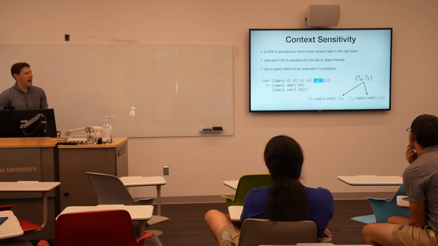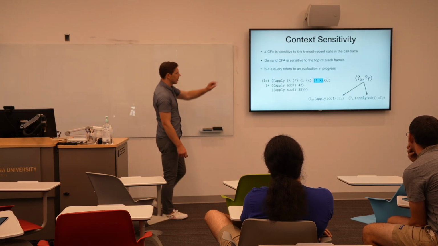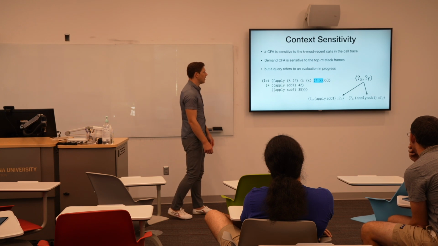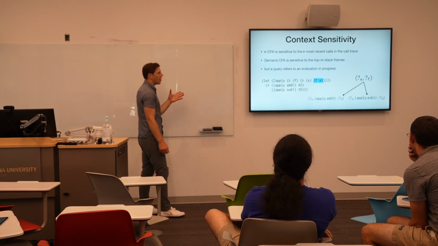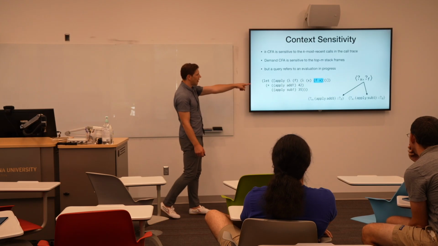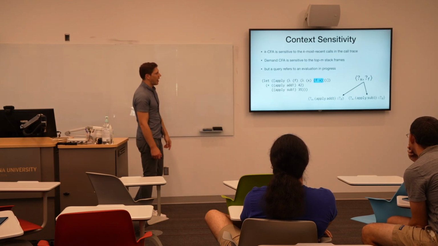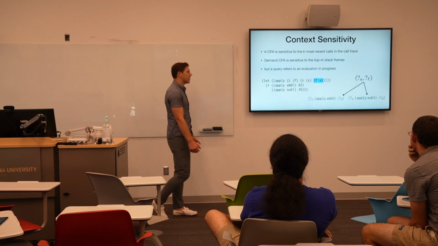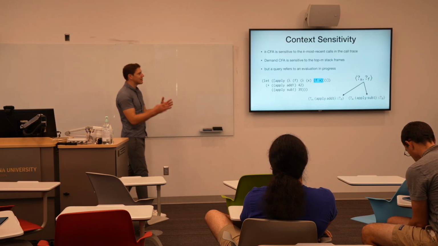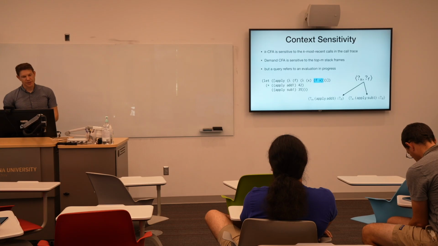If you look at this program where we've got a curried version of apply, we would hope that context sensitivity would allow us to correlate the arguments add 1 and 42 and separately sub 1 and 35. By keeping track of the top M stack frames and instantiating environments in a particular way, we can do it.